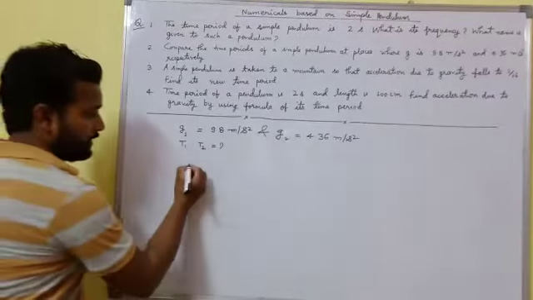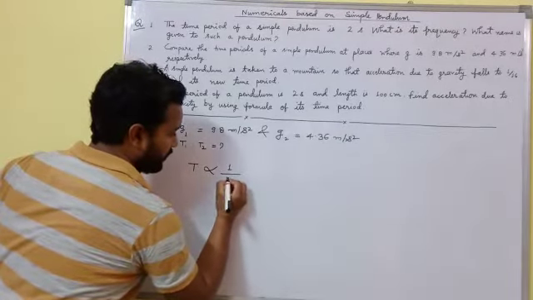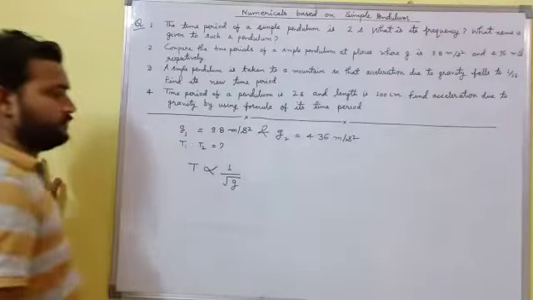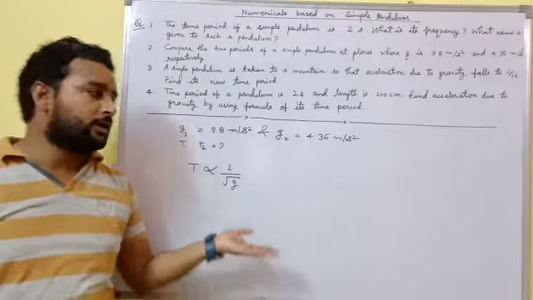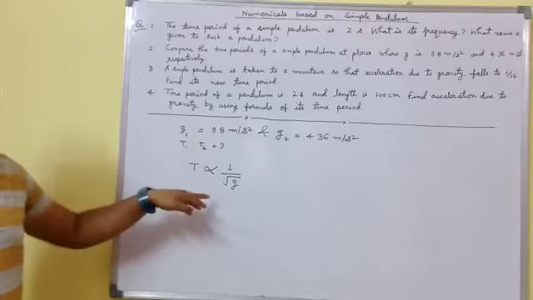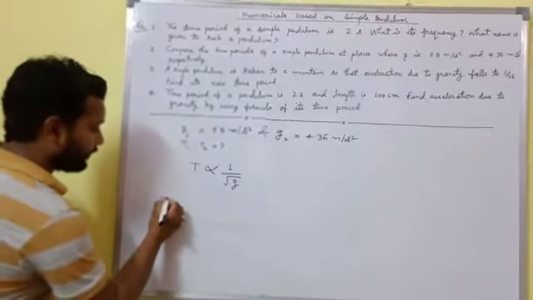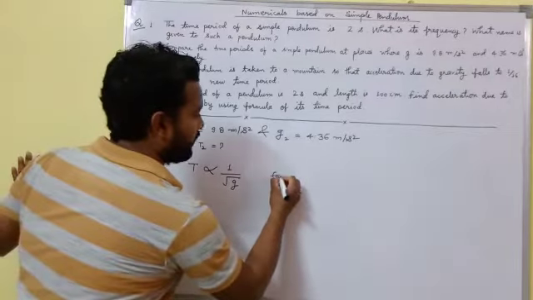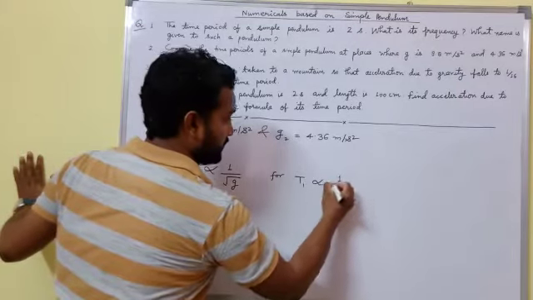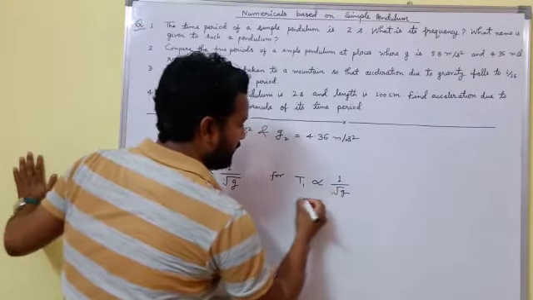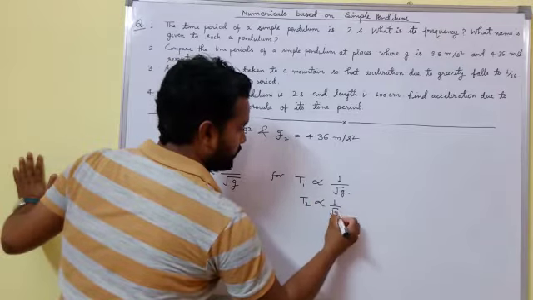We have the relation: T is proportional to root L, and T is inversely proportional to root g. So from this relation, for the first pendulum T1 is inversely proportional to root g1 and T2 is inversely proportional to root g2.